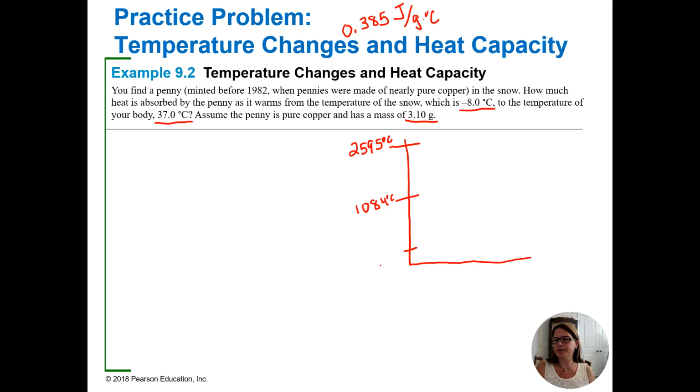Okay, so -8 degrees Celsius, and it's heating up to 37 degrees Celsius. Okay, so we just have one change here. That's going to be the change.